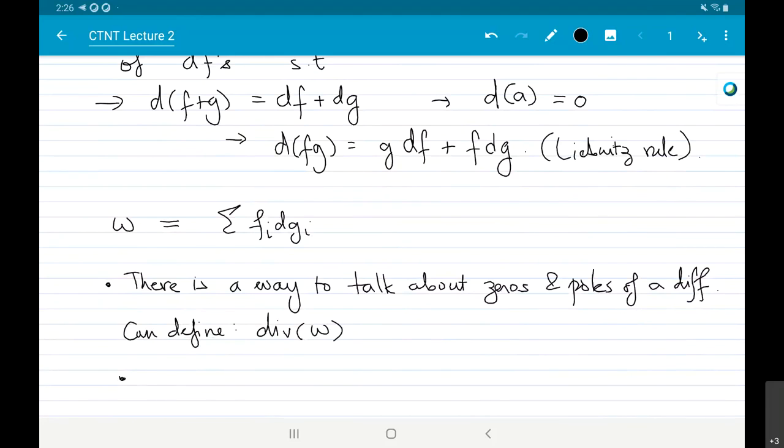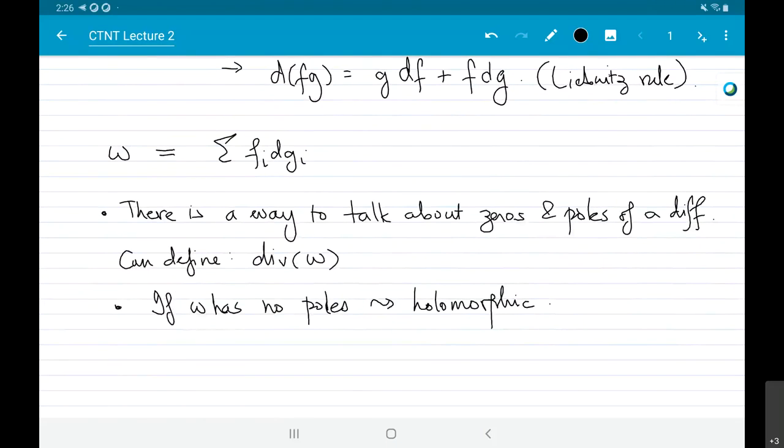So if omega has no poles, then it's called holomorphic. This is very much analogous to the holomorphic functions or holomorphic differentials from complex geometry, right? So if it has no poles, then it's called holomorphic.